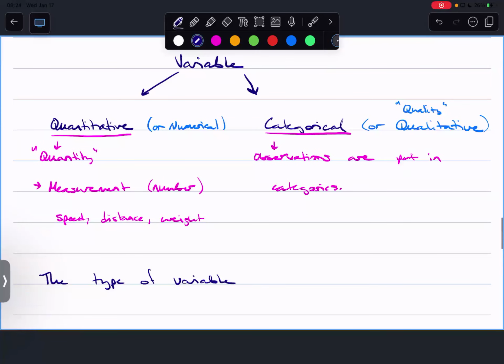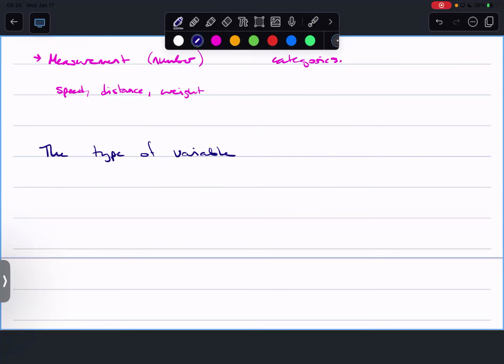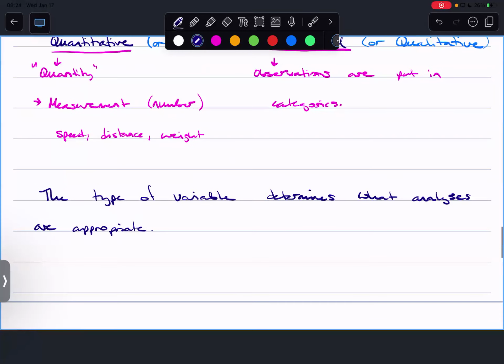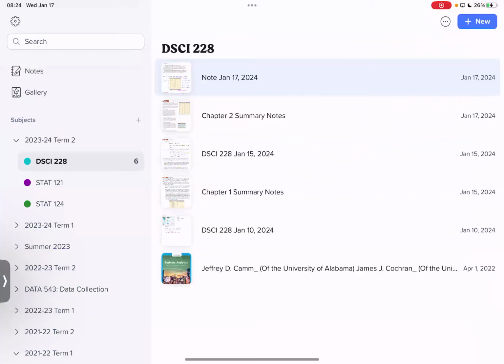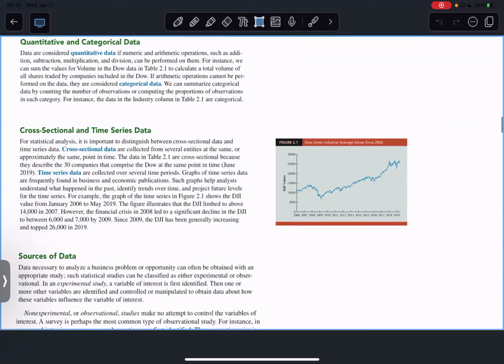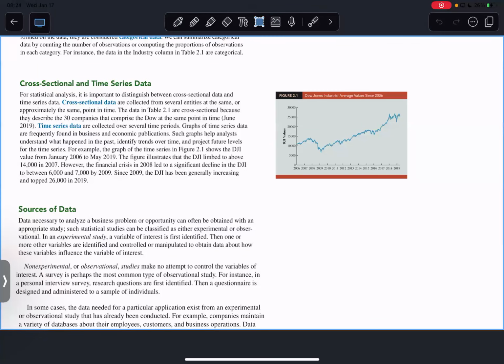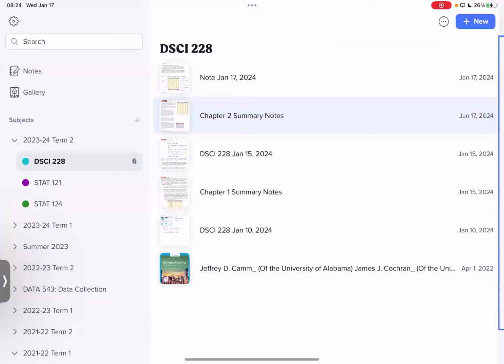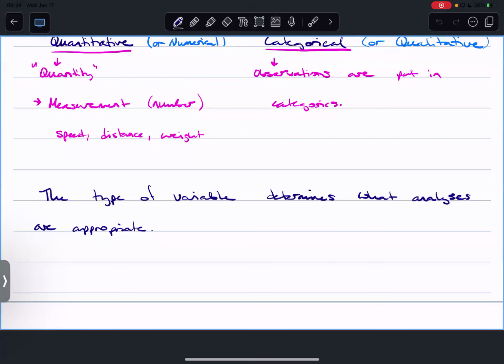So either quantitative or categorical, determines what analyses are appropriate.